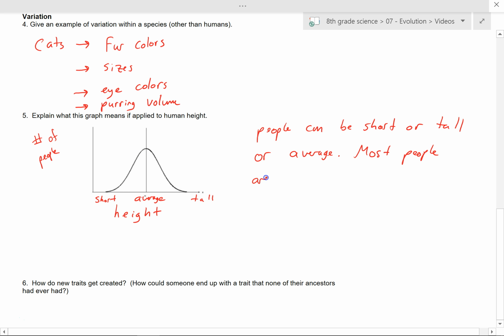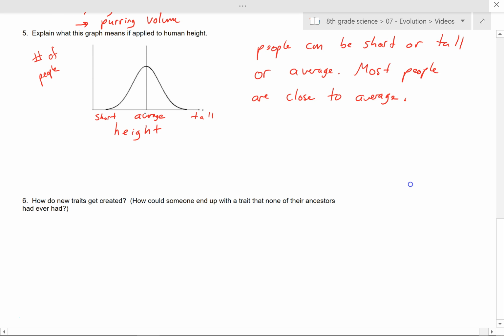Most people are close to average, which makes some sense. You're used to seeing a lot of average height people. If you see someone who's very short or very tall, that may stand out to you as something that's different.